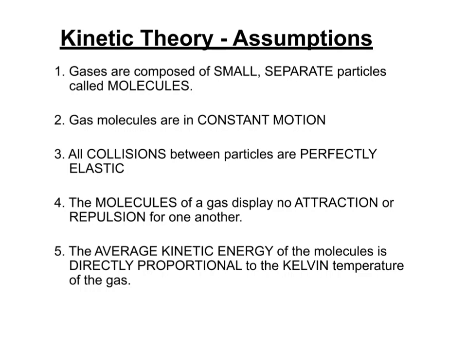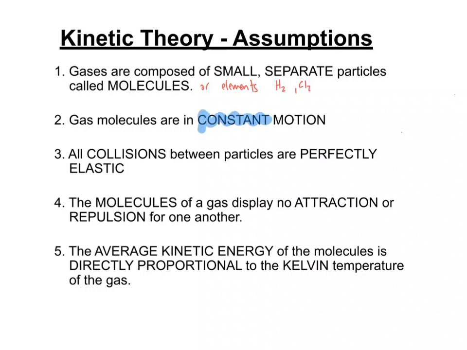The first one says gases are composed of small, separate particles called molecules. These could also be individual elements as well. So it could be something like hydrogen gas, chlorine gas, and so forth. These gas molecules are always in constant motion, like we mentioned a second ago.